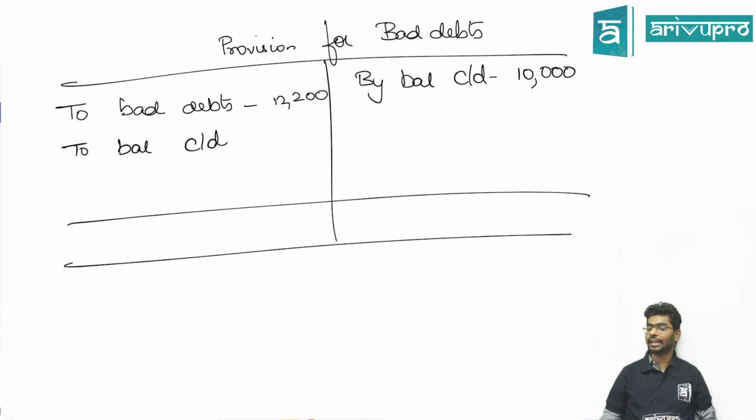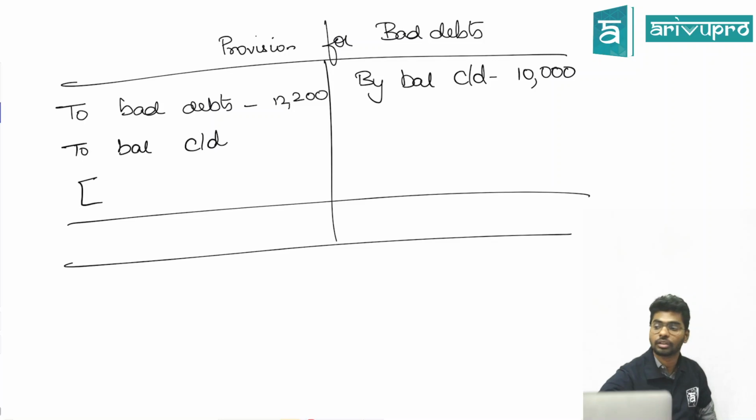Do you already have a debtors amount? How much is debtors? How much is the debtors balance? Okay, should I reduce 12,200? No. Should I reduce 12,200? How many are saying yes? Okay, the answer is no.